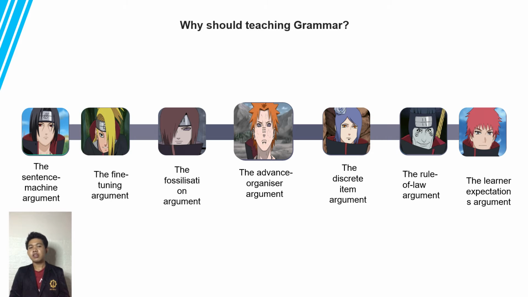However, as he interacted naturally with Brazilians, he was aware that certain features of the talk, certain grammatical items, seemed to catch his attention. Number 5. The discrete item argument.